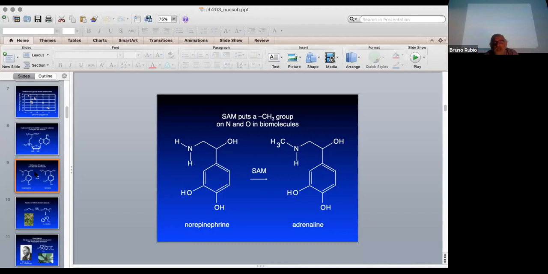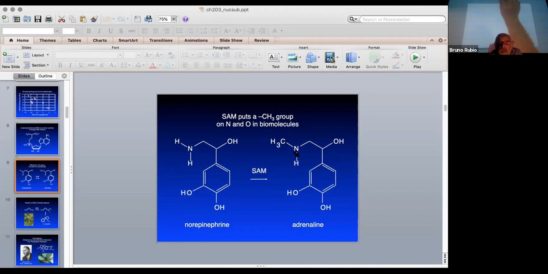Instead, what you have is a reservoir of norepinephrine or noradrenaline, which looks just like adrenaline, except norepinephrine has two hydrogens on a nitrogen atom, whereas adrenaline has a methyl group and a hydrogen. SAM puts the methyl group on norepinephrine, converting norepinephrine to adrenaline.